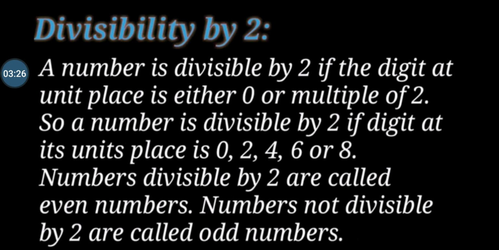So let's understand by using some examples. Here we have to use the divisibility by 2. We know that any number is divisible by 2 if its ones place is an even number, like if the number ends at 0, 2, 4, 6 or 8, it means the whole number is divisible by 2.